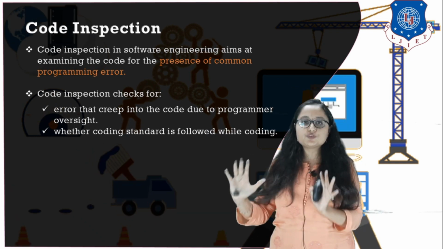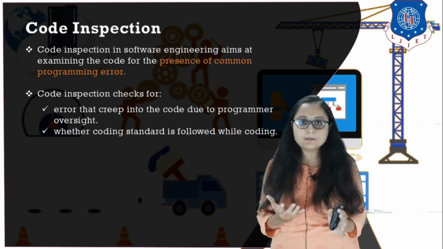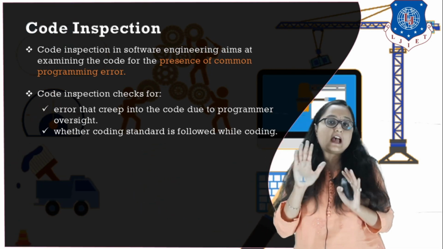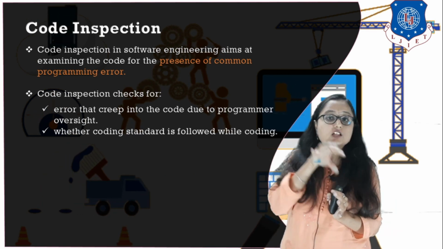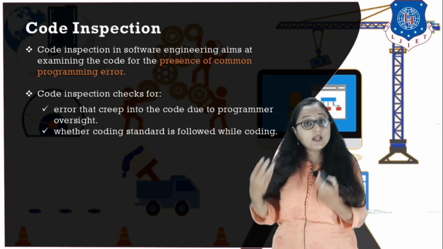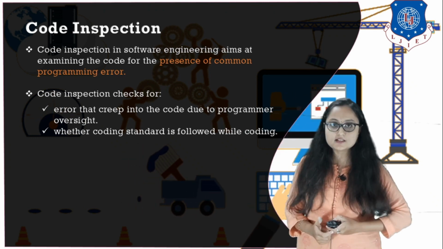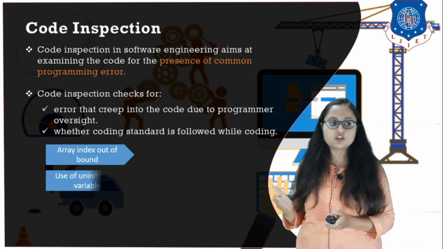So this is the procedure of code inspection. They don't have to think very much in code inspection because they already have a list of errors. They just have to go through your code and check whether that error is present in your code or not, right? Now let us see what are the common errors that occur in day-to-day life for all programmers.